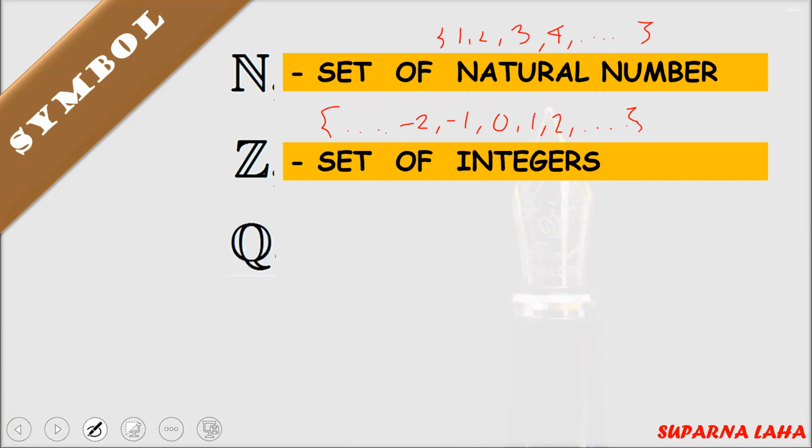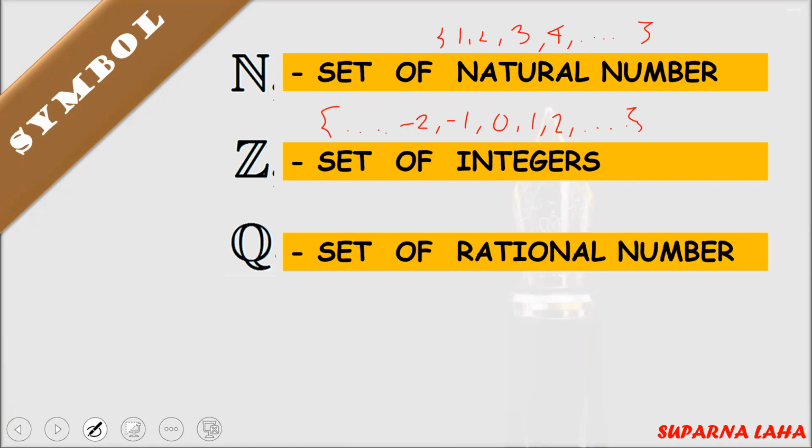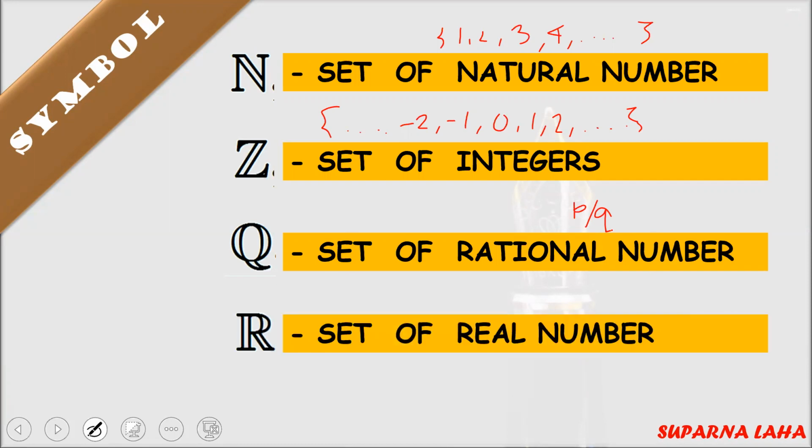Next, Q, written in a slightly different style. This is the set of rational numbers, that is, those numbers in p by q form. Next, this R. This is the set of real numbers.